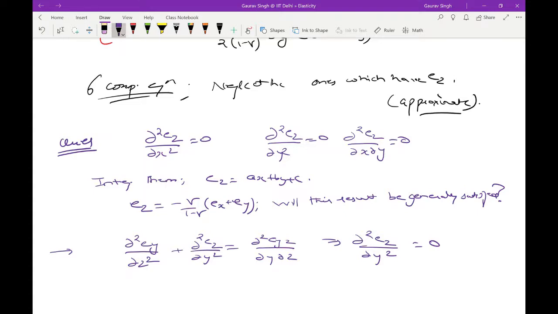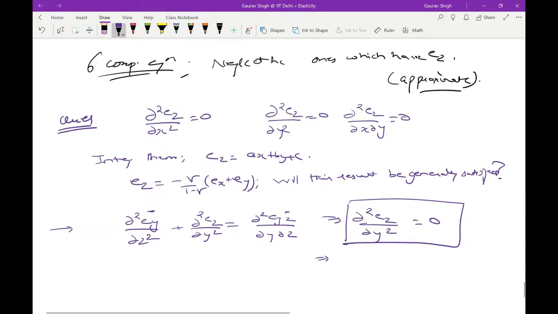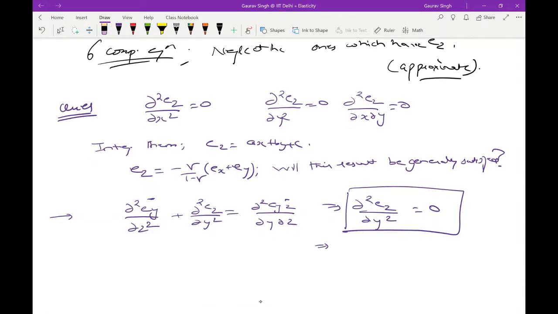The reason is quite simple. This is not a function of z, and similarly this is not a function of z, so the only thing which you are left with is the middle term. And similarly you can use the other compatibility equation.